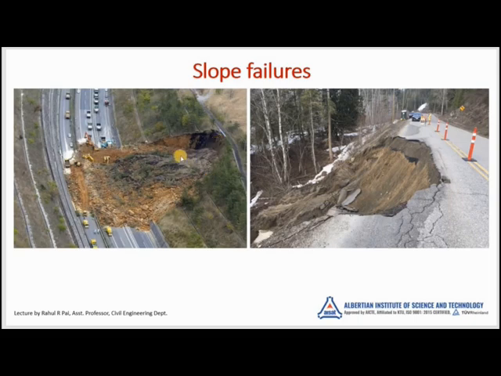Here you can see a slope beside a highway toppling down and causing a lot of damage. So you can see from the figures how serious the issue can be if we do not design slopes to the proper safety aspects.